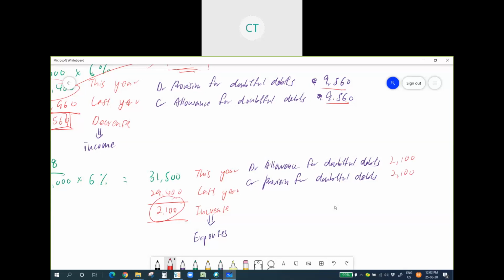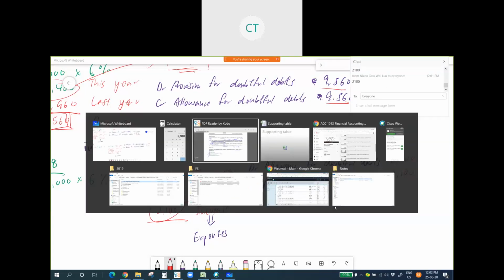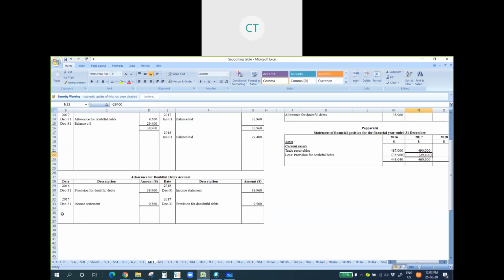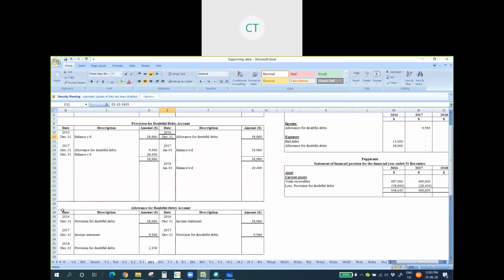Right, the difference is 2100. So let's reflect this 2100 in our ledger. So we debit here. Debit the allowance for doubtful debts, 2100. And then we credit to provision for doubtful debts, 2100.